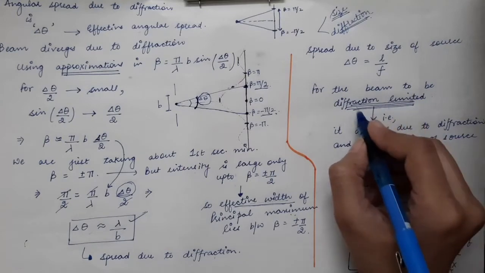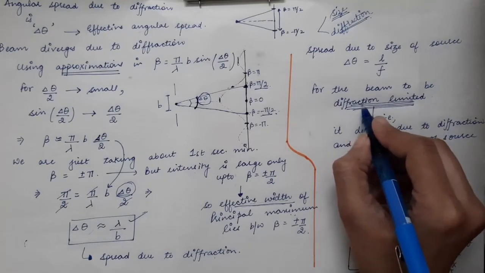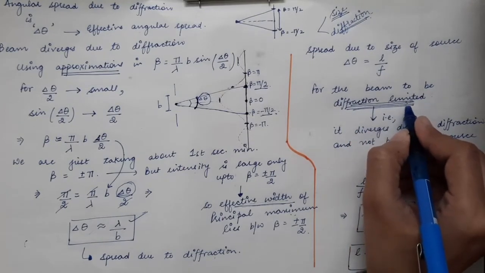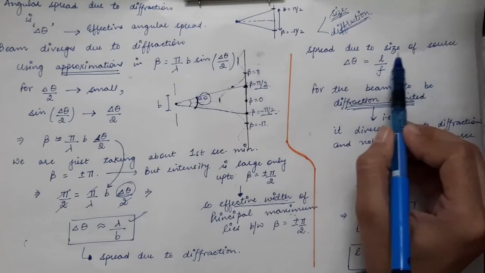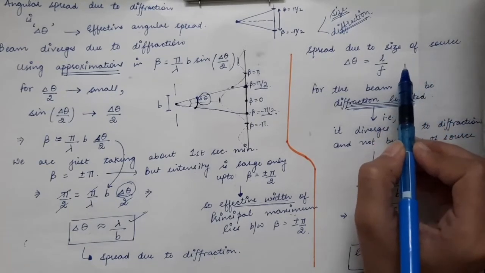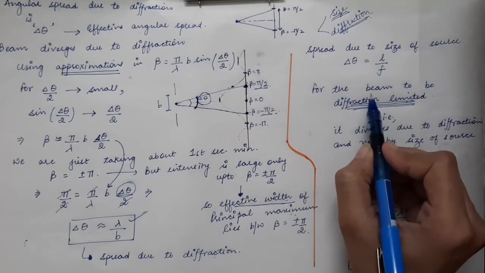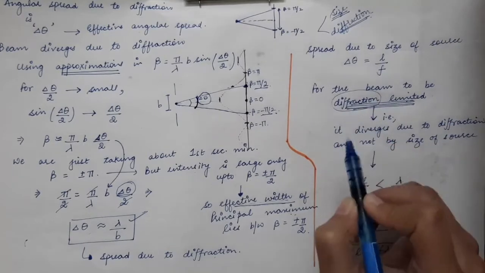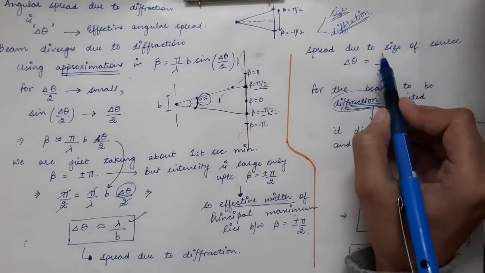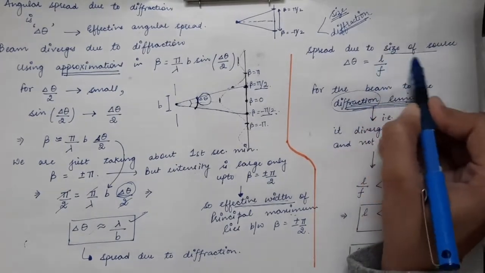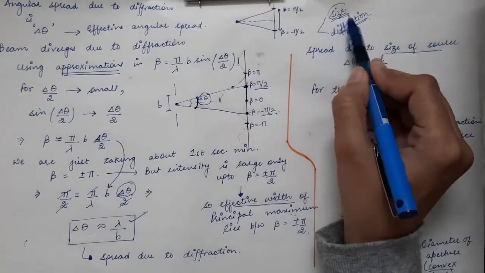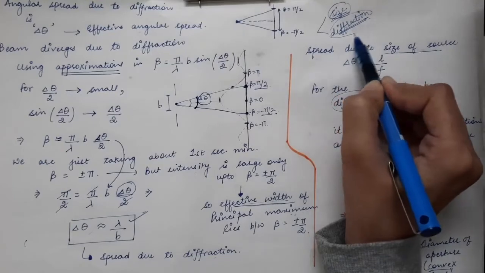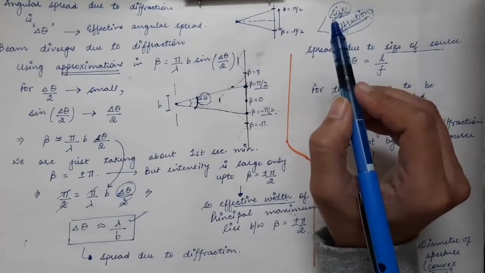We have seen that a beam is said to be diffraction limited only if the divergence due to diffraction is more as compared to the divergence due to the size of the source. As we had said, the beam gets diverged due to the size of the source as well as due to the diffraction at the convex lens.